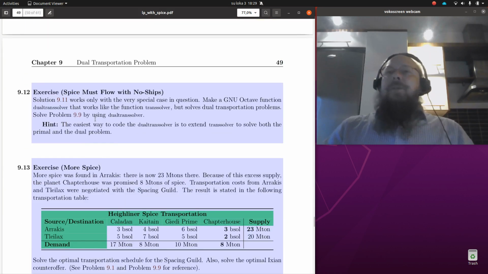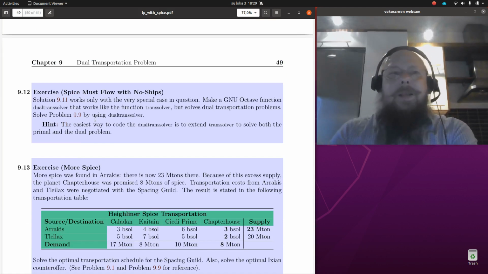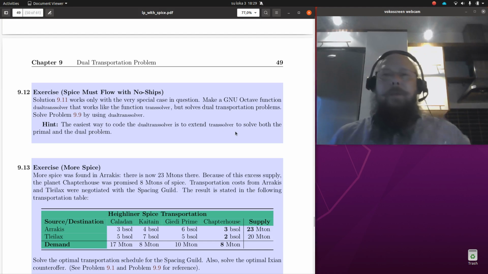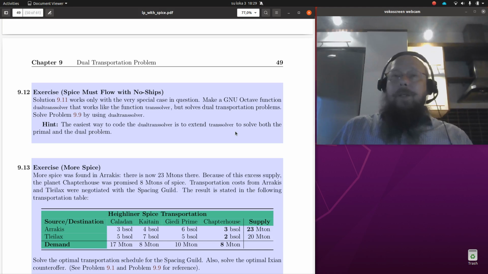But since we have a lot of stuff here, there is actually an easy way of doing it. If you look at the transsolver, it solved the primal problem by using GLPK. Well, GLPK will of course solve the dual problem also. You can just ask for the extra parameter there. Now you can extend the transsolver so that it will solve both the primal and the dual.